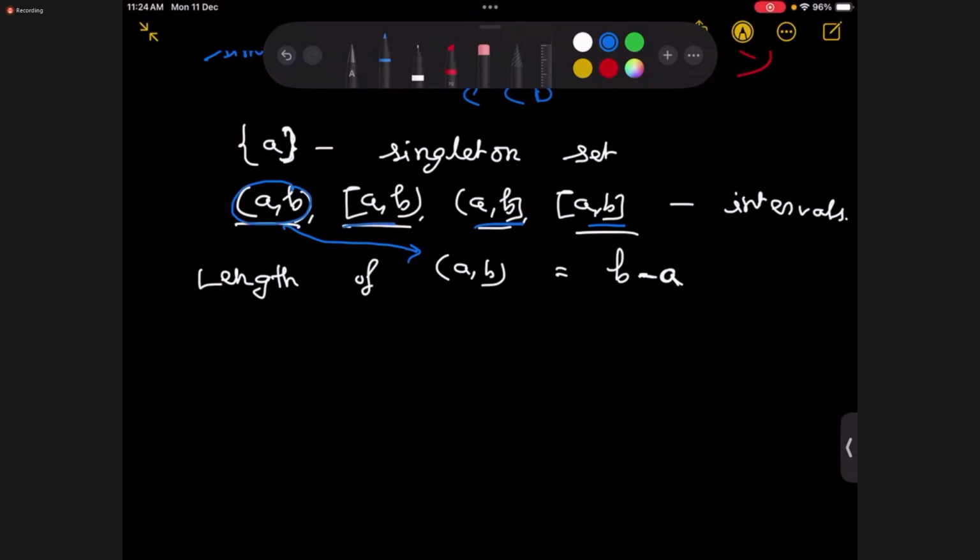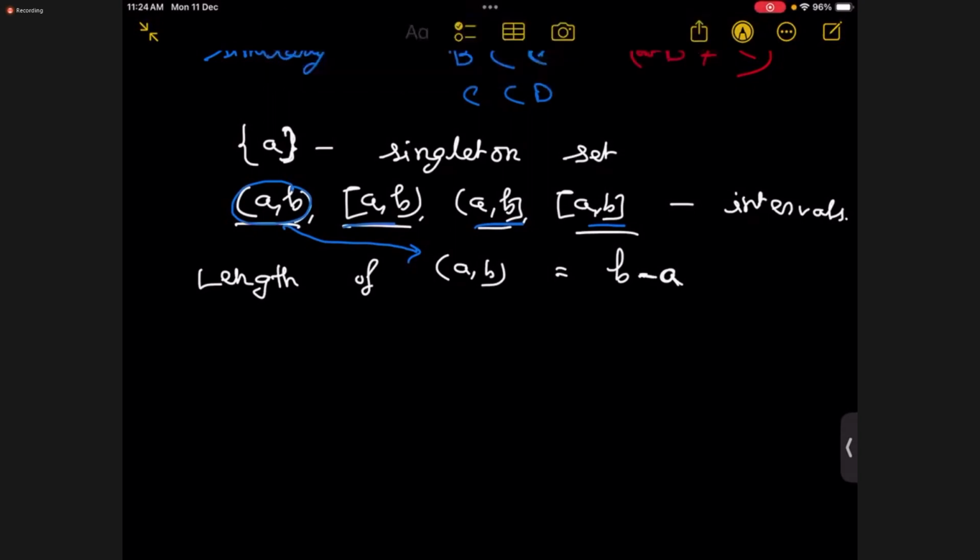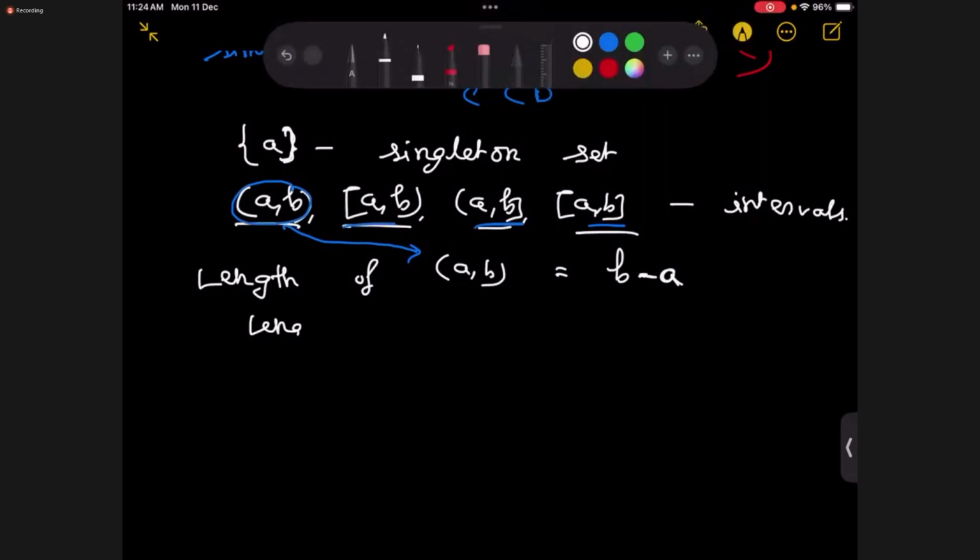How can a singleton set have measure 0? Because the length of a singleton is nothing but a minus a, which equals 0. Because the starting point and ending point are both the same, and we are just deducting the starting point from the endpoint. So this must be 0.